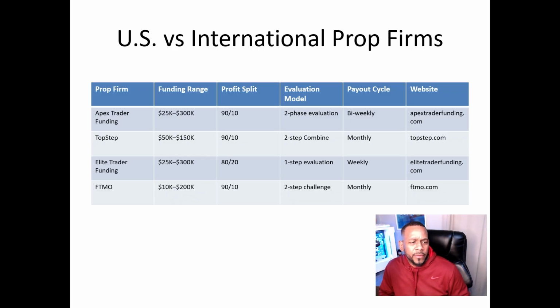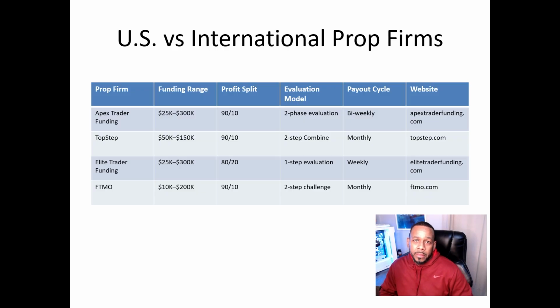So Elite Trader Funding. Now you see they have anywhere from 25,000 to 300,000 for the type of accounts you can get. They have an 80-20 split. The thing with that is, though, as you see here, they have a 1-step evaluation.